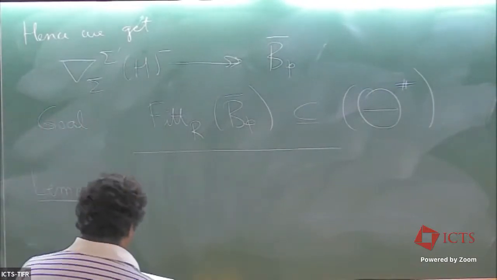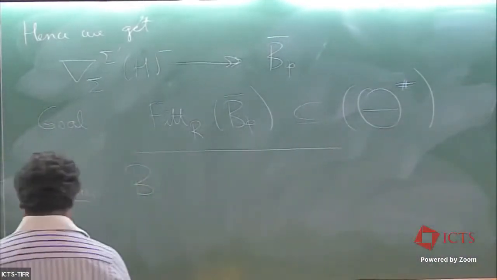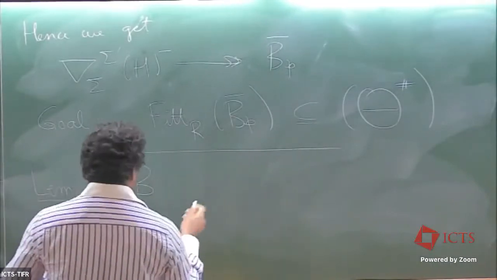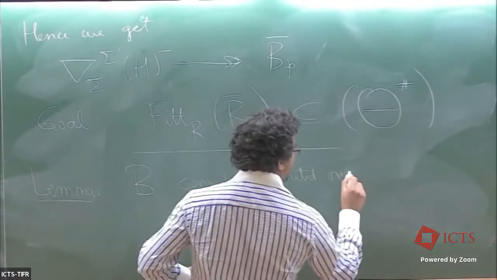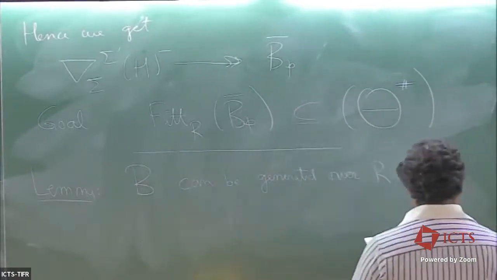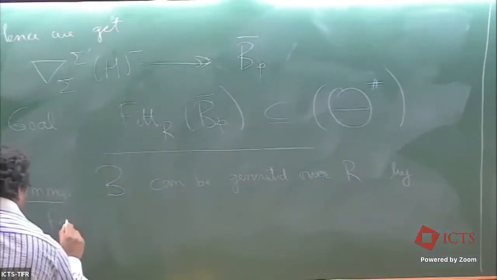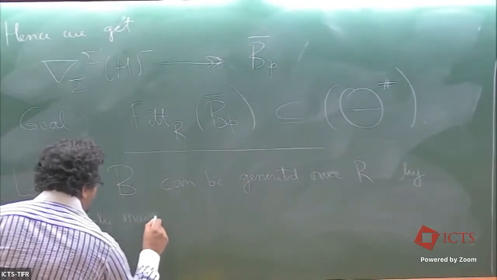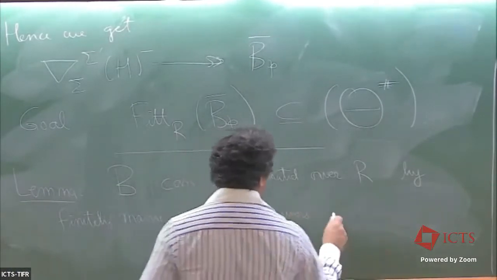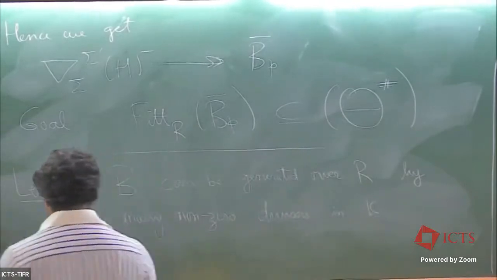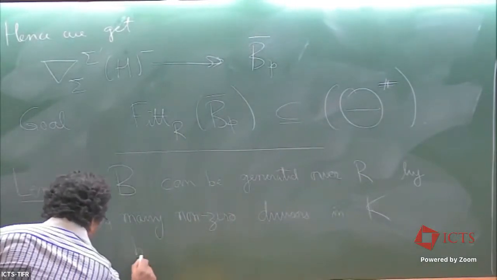This module B that I had can be generated over R, as an R-module (remember, T itself was an R-module), by finitely many non-zero divisors in K, where K is the field of fractions of T. Let's call these B1 up to Bn.